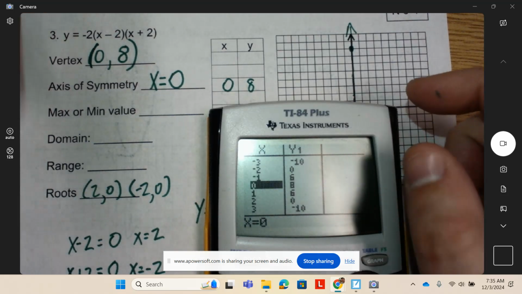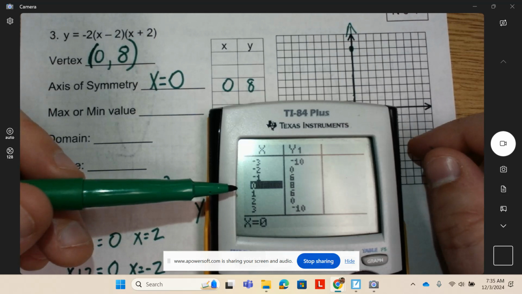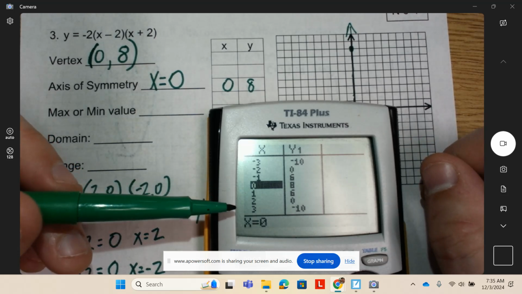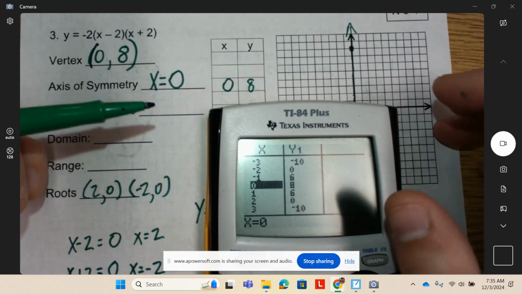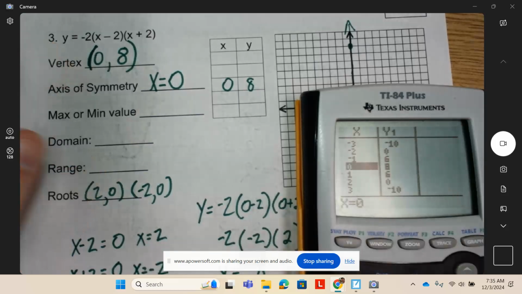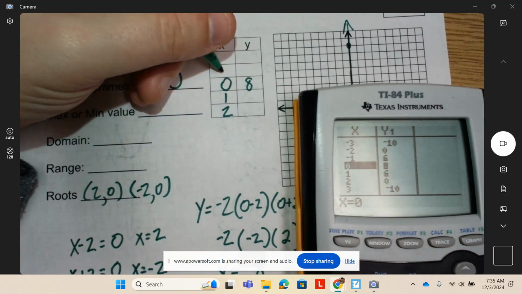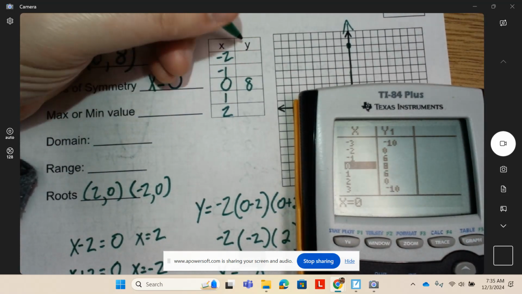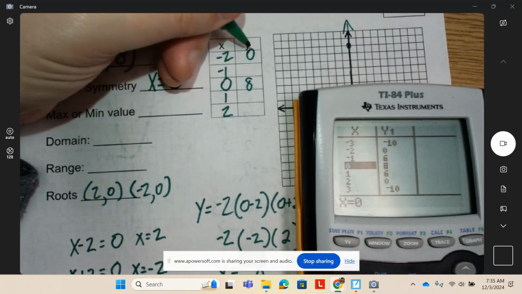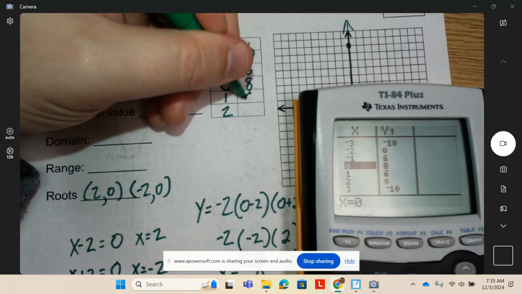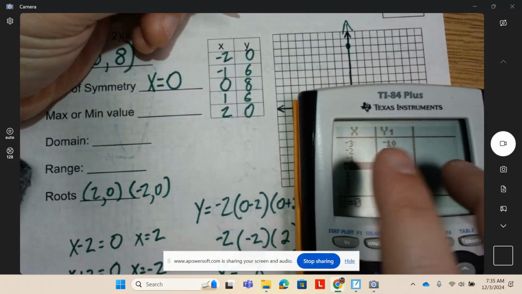Everything looks like it's working out. I've got vertex at 0, 8. Then I have my 2 and -2 on there as my roots. So we'll just fill in 0, 1, 2, 0, 6, and 6, and 0.